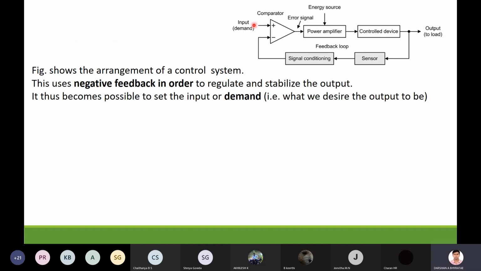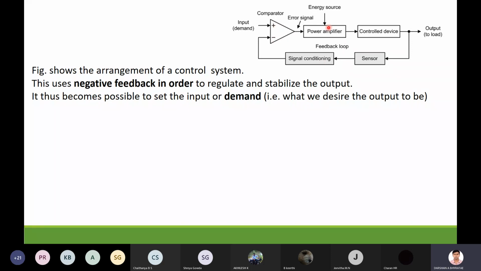Here in this system, whatever I'm showing is the circuit diagram. The input is nothing but the physical quantities, as I told. This triangular representation we call a comparator, as we studied in the op-amp. The op-amp is what we are going to use as a comparator here.